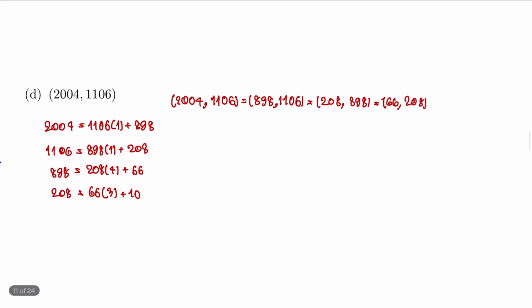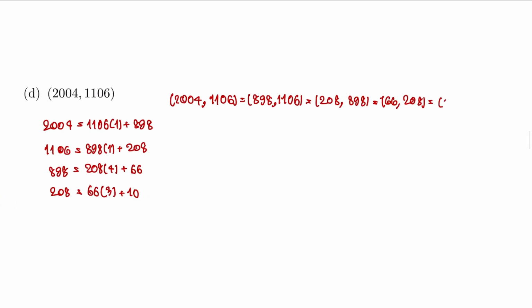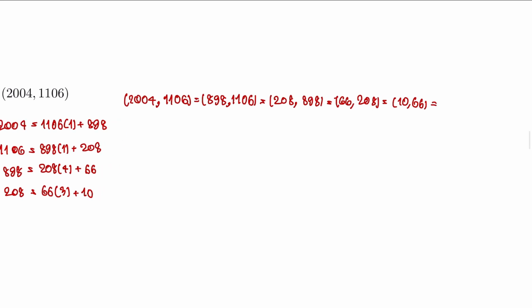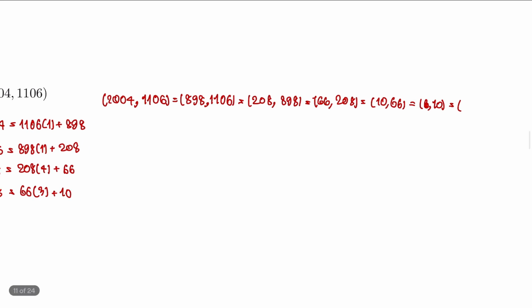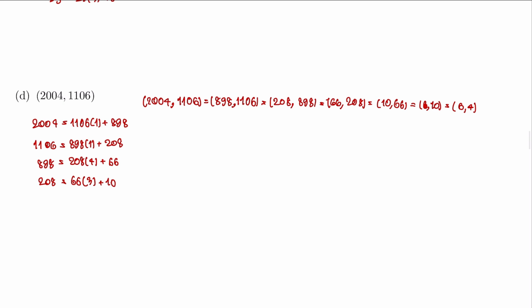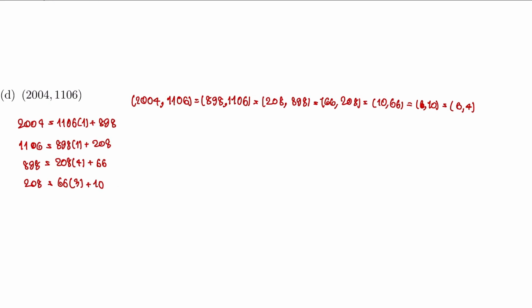So it turns out to be 10 and 6. And next is going to be 6 and 4. The greatest common divisor of 6 and 4 is 2, we already know.